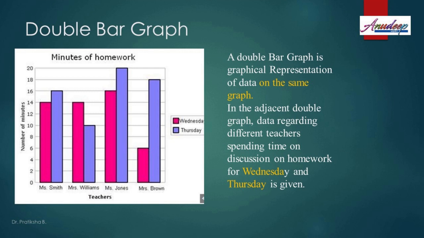So for the same teacher, like Mrs. Smith, how much time she spends on homework discussion on Wednesday and Thursday is plotted, right? So it is easier to compare the given values for the same entity on the graph.